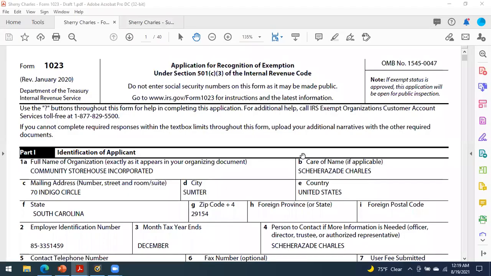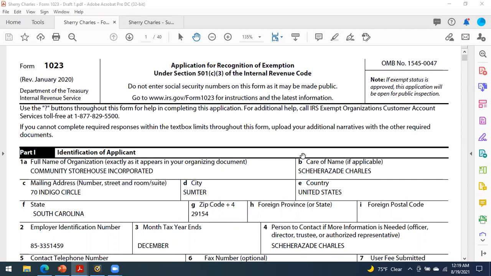And as of the date of this recording, I have completed 162 application packets for clients across the United States. And I have a 100% approval rating, meaning all of the applications I've completed on behalf of my clients have been approved by the IRS.